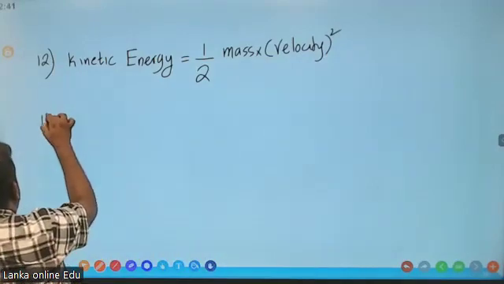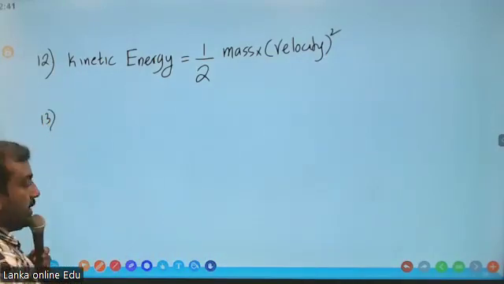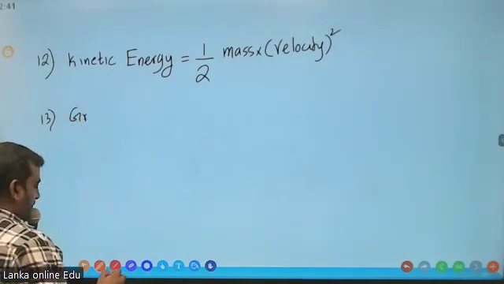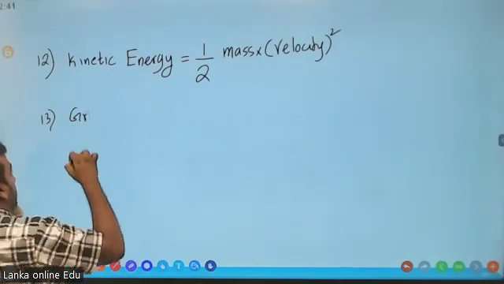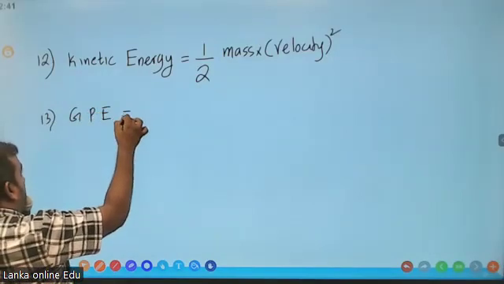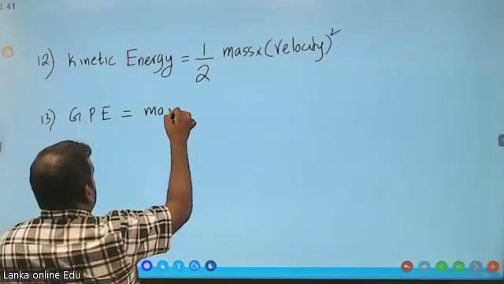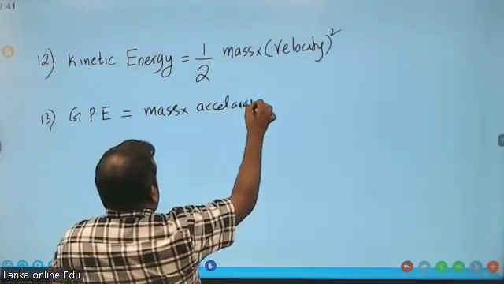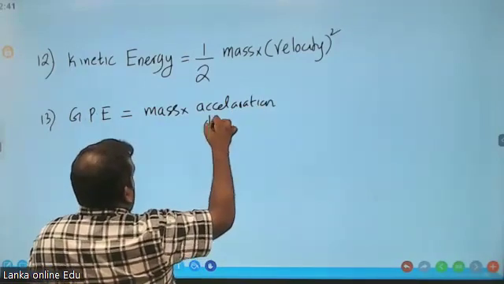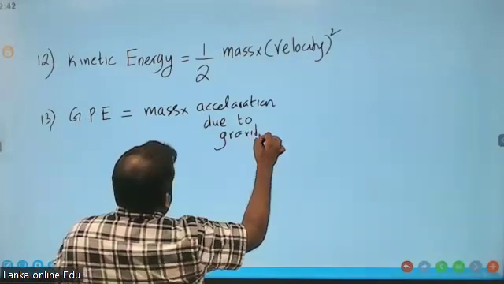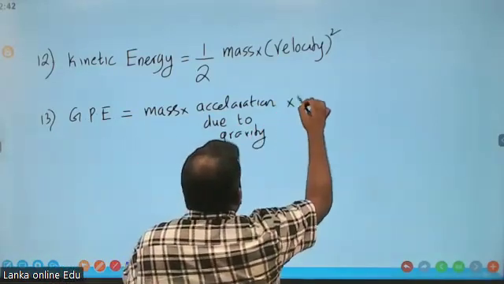13, gravitational potential energy. Short form I write GPE. Too long. Gravitational potential energy is mass, acceleration due to gravity, multiplied by height.